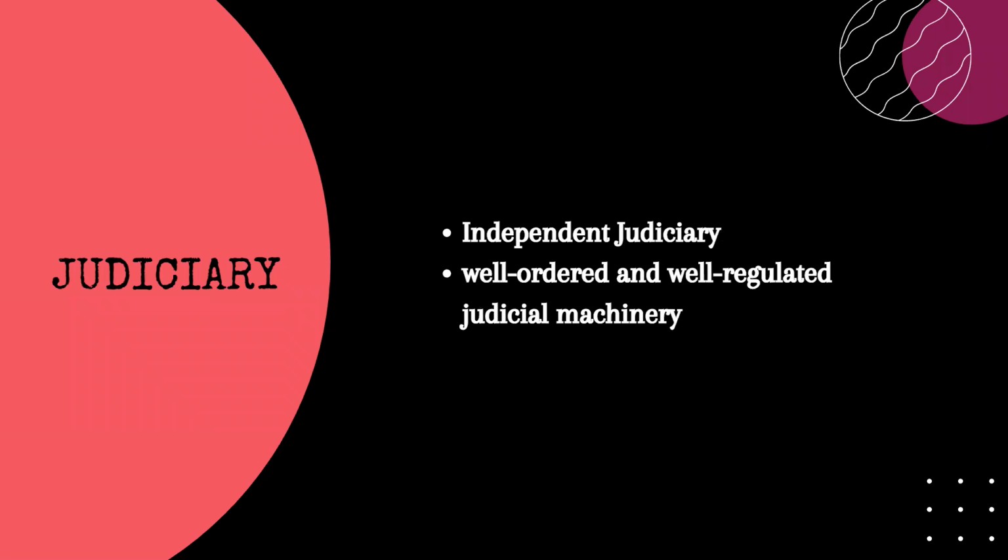Next is the judiciary. An independent judiciary with the power to interpret the provisions of the Constitution is seen as the protector and guarantor of fundamental rights. A well-ordered and well-regulated judicial machinery has been introduced in the country with the Supreme Court at the apex. The jurisdiction of the Supreme Court is very broad.